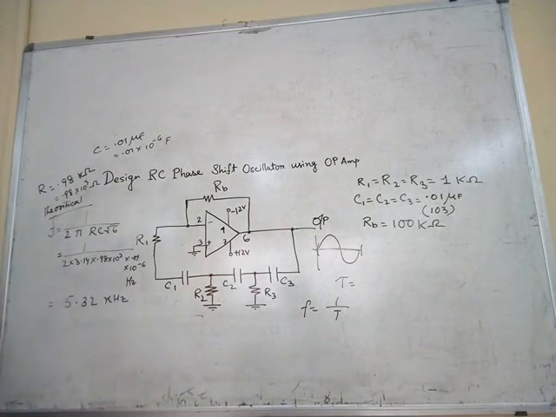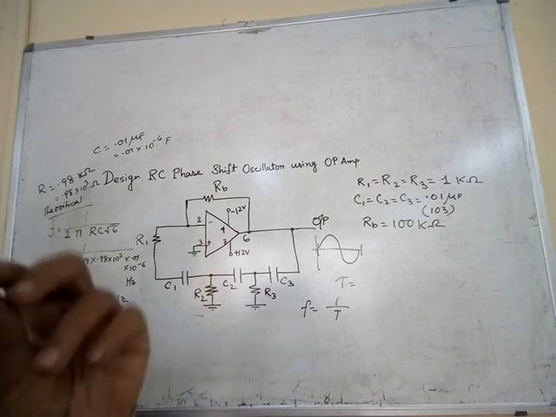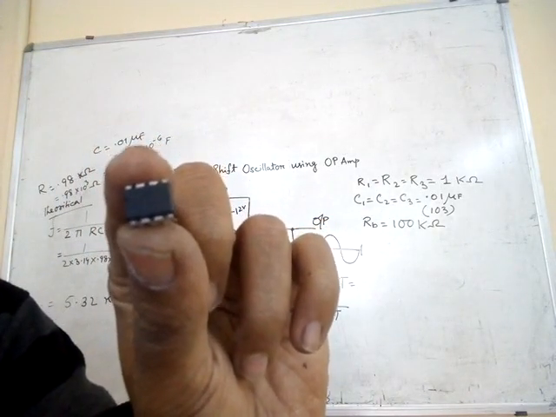Now I want to introduce the discrete components which we use in this circuit. First you can see the opamp. This is opamp 741.